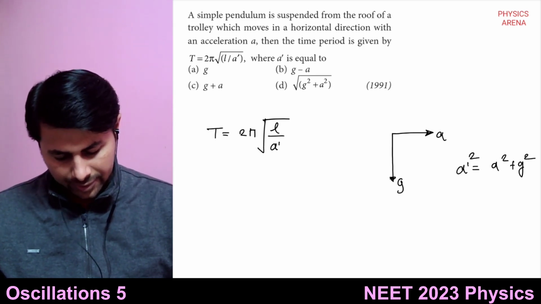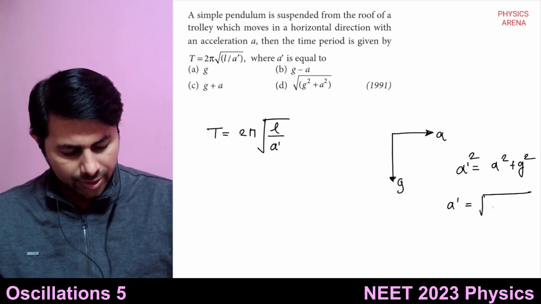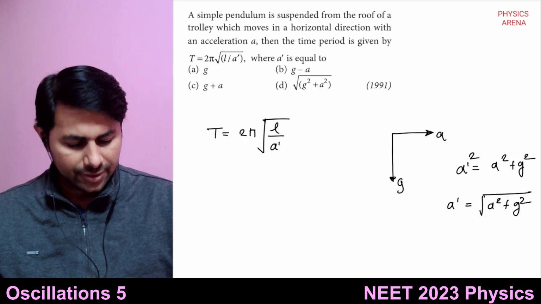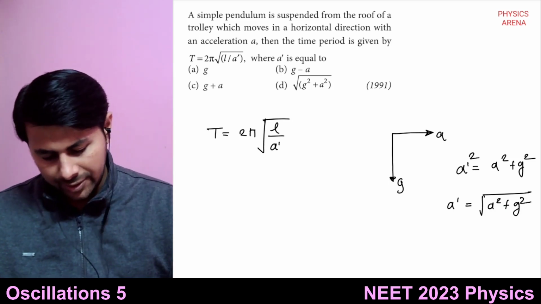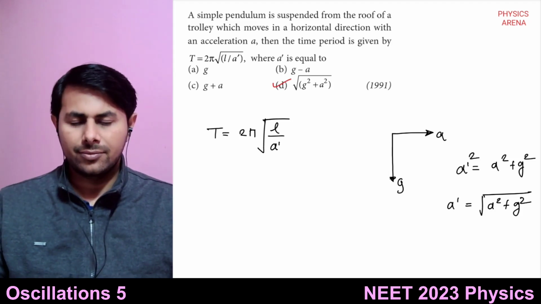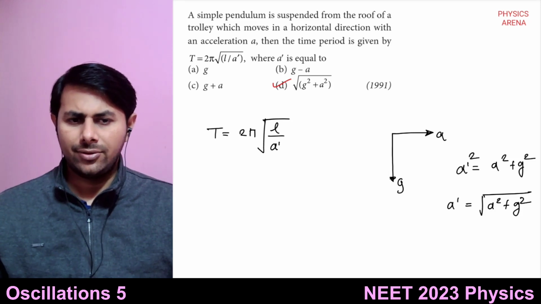So a dash will be equal to square root of a square plus g square. Yes, it is option D. Got it? Yes, no?